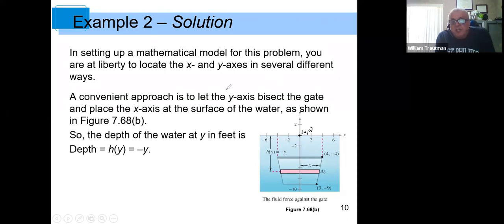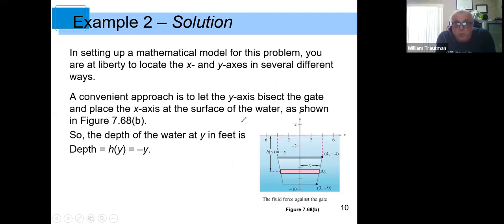But they tell you the best way to do it. A convenient approach is to let the y-axis bisect the gate. It's right down the center. In other words, this distance is the same as this distance. And then the x-axis is the surface.